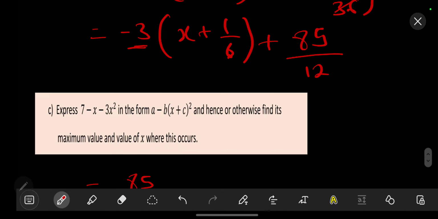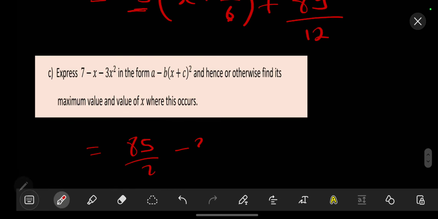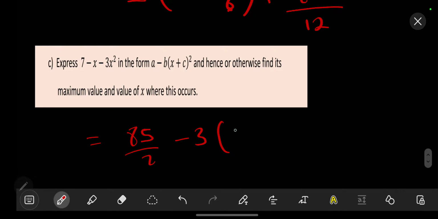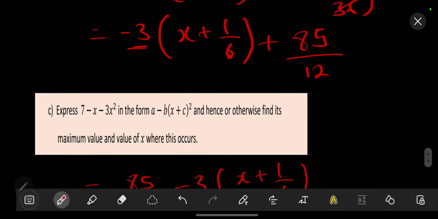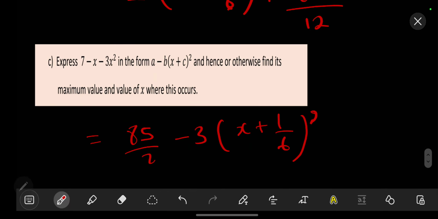So negative 85 over 12. Then we have minus our 3. Then we have our x plus 1 over 6, like that. Then we square this.